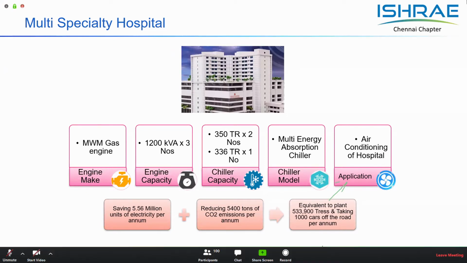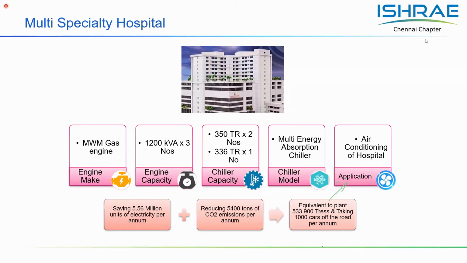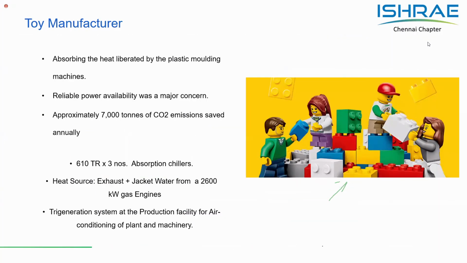So the hospital can be independent of the grid, or in island mode, wherein it is able to take care of its energy demands by itself. There are a lot of energy savings and a lot of CO2 emission reduction, which is also an accrued benefit. So these are certain critical applications.